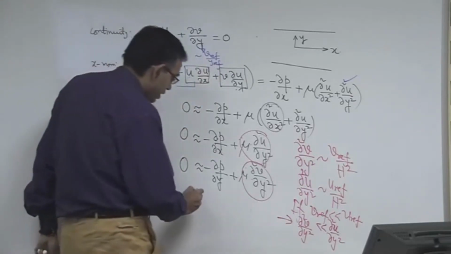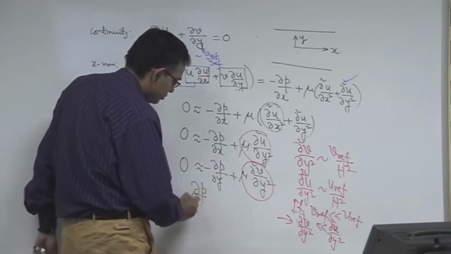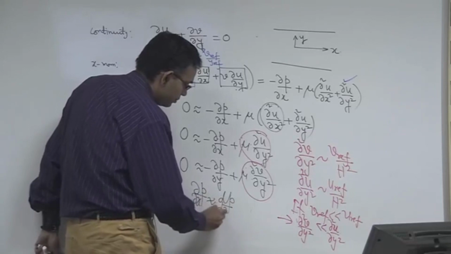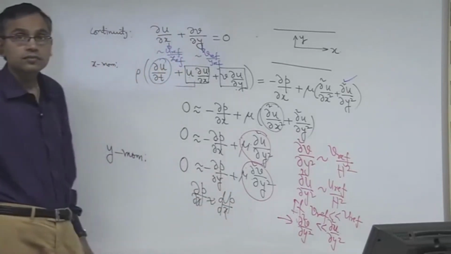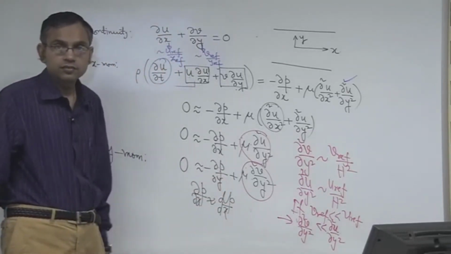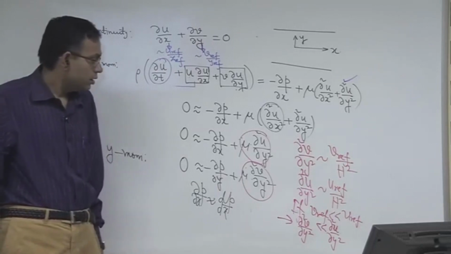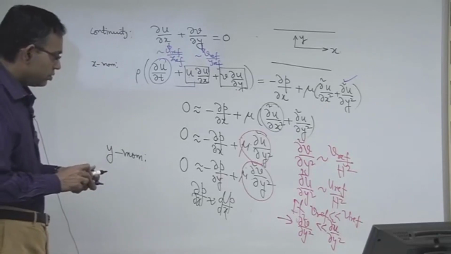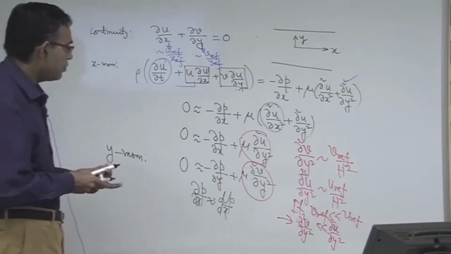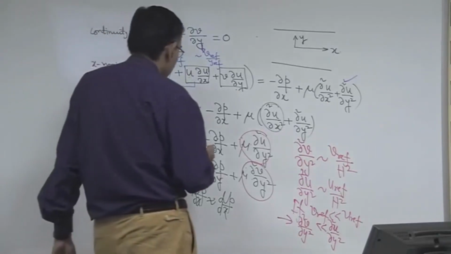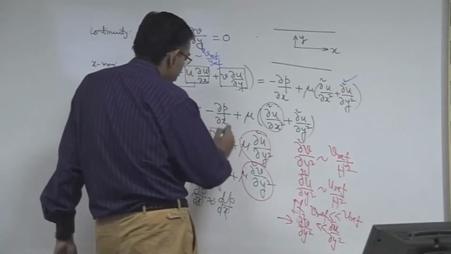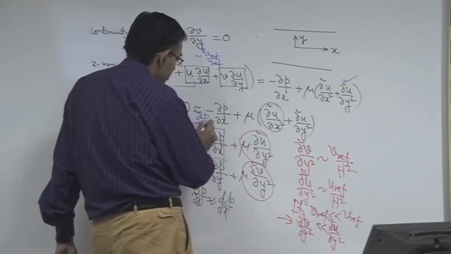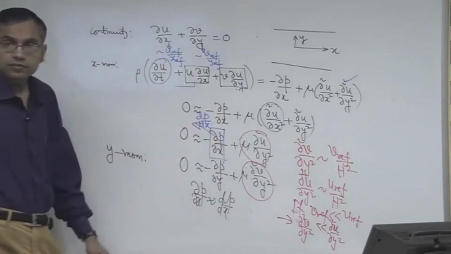So del p del x is approximately equal to dp dx. So then we are left with this equation where this can be replaced by dp dx approximately.